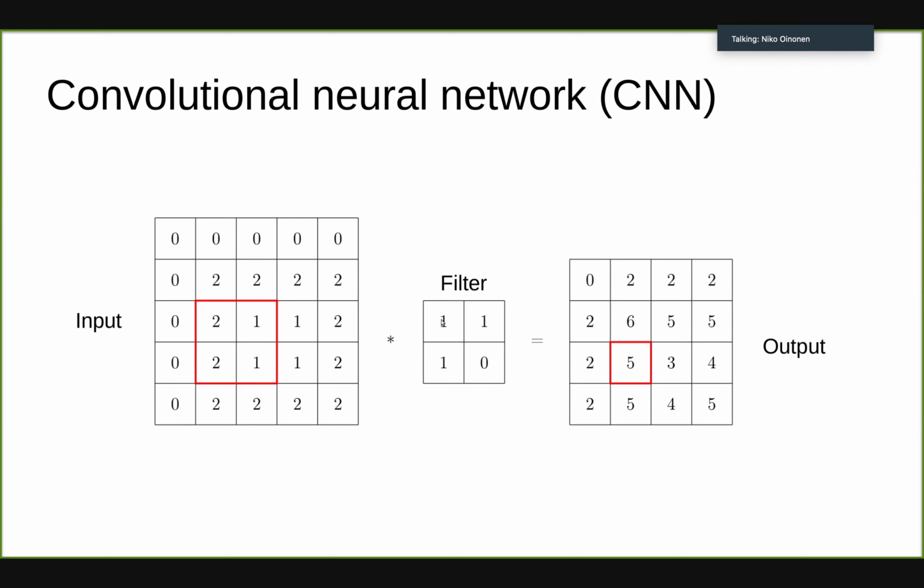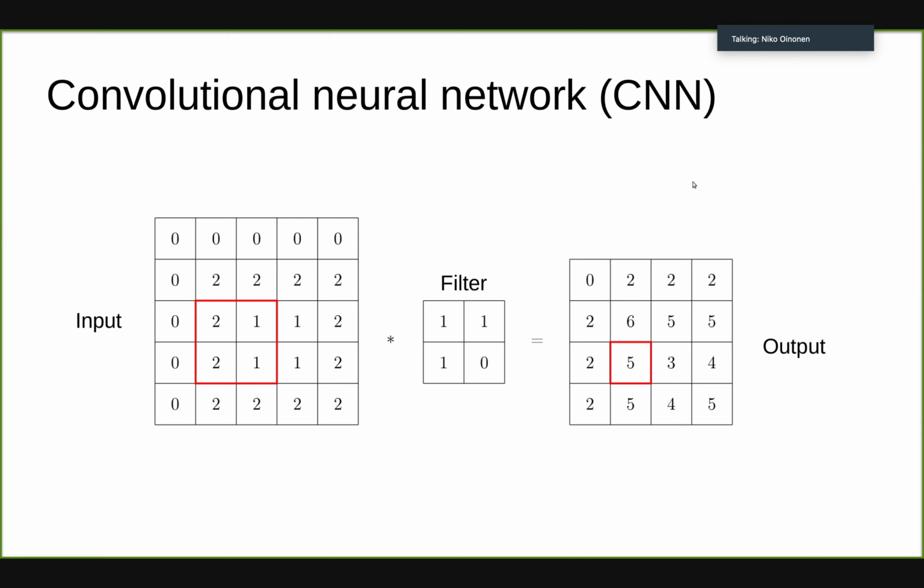So what that means is that you have your filter which also has some numbers attached to it, and then at each position in your input image, you take some local neighborhood of pixels, so that you multiply the filter values with the input pixel values, and then you take the sum, and then you store that sum in the pixel of the output image. And then if you scan all over the whole input image, then at the output you get also a different transformed image.